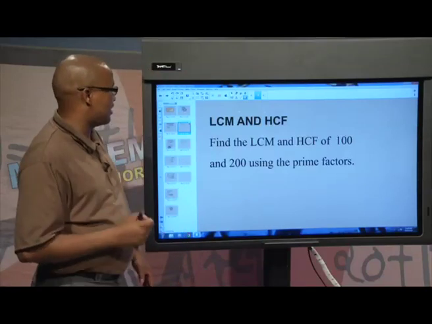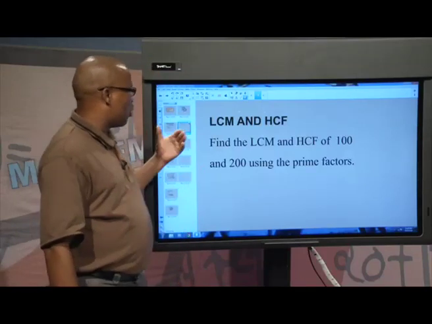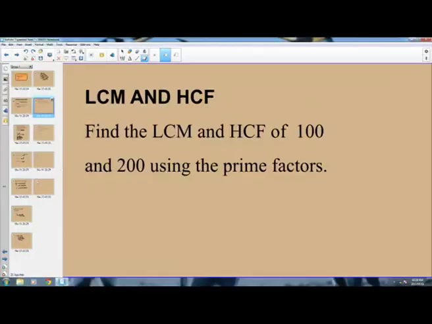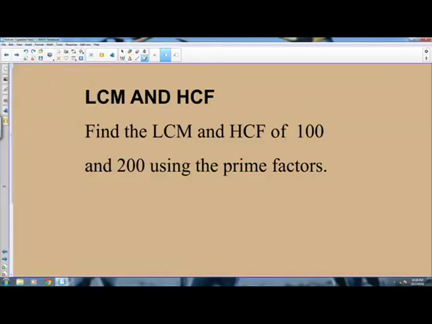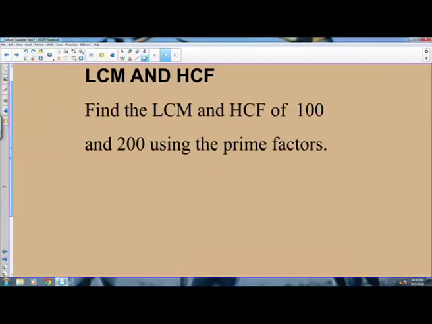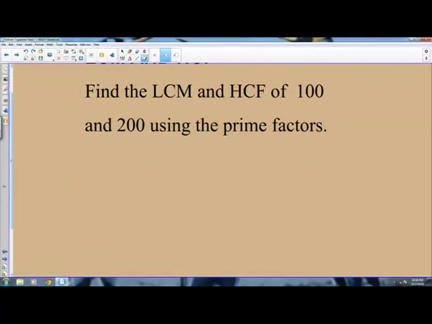So the question here is, we are to find the lowest common multiple and the highest common factor of 100 and 200. So let's see how we can work that one out. We'll have to start with 100. Remember, we have to start by expressing 100 as a product of its prime factors. So 100 will be equals to 2 times 50.